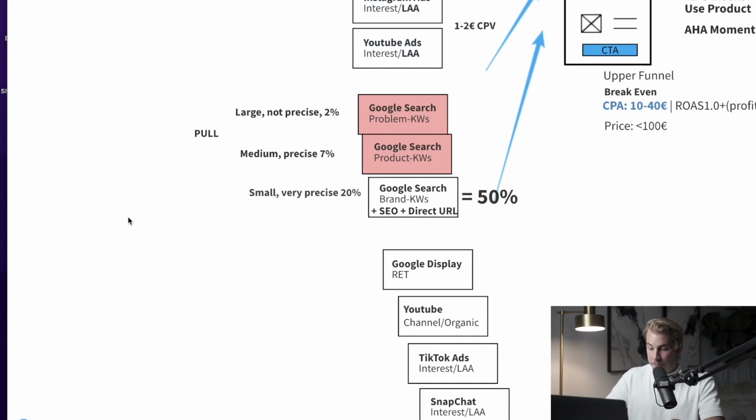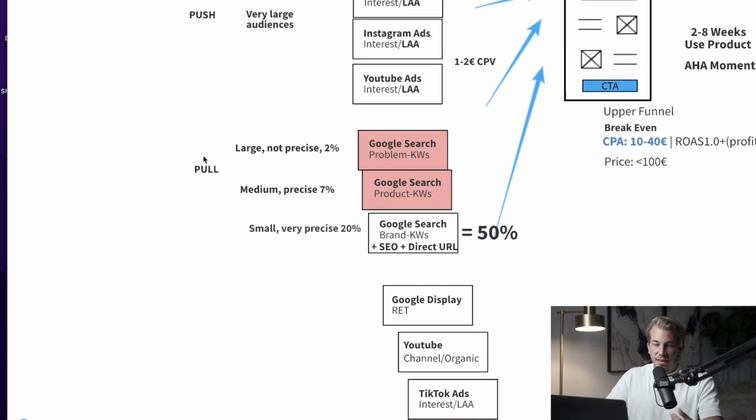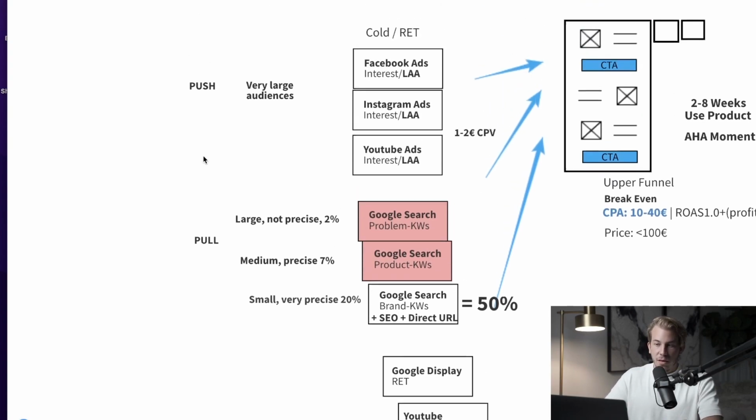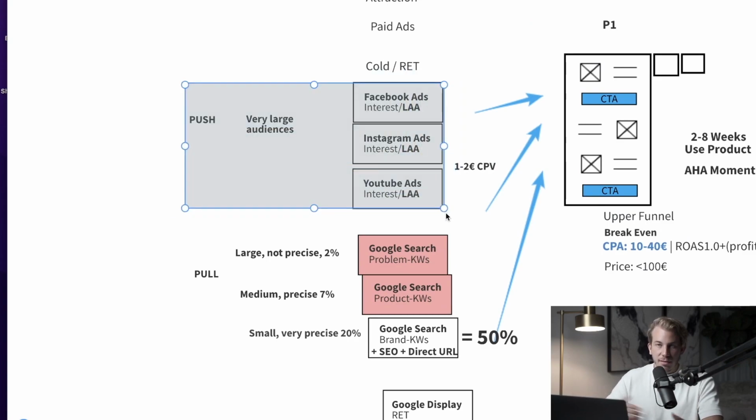And then there are pull channels. Pull channel means that it is more precise in the way that customers are actually looking for what you have to offer. On push marketing, you can run your ads onto any targeted audience, and they have never opted in for that marketing.